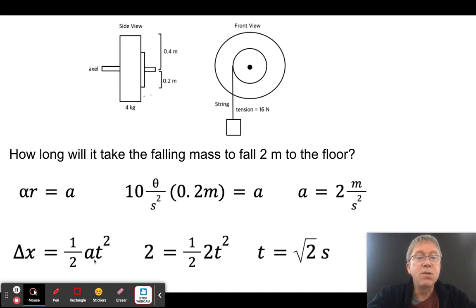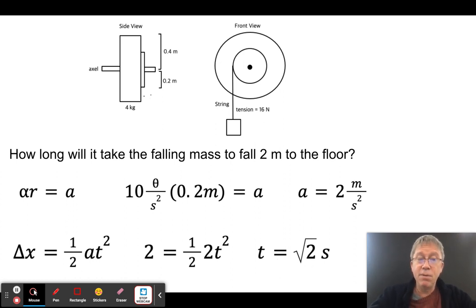I'm going to use delta x equals 1/2 a t squared to solve this. There it is again. We use it so much. If the distance is 2 and the acceleration is 2, then 2 equals 1/2 times 2 times t squared, so the time is going to be root 2 seconds.